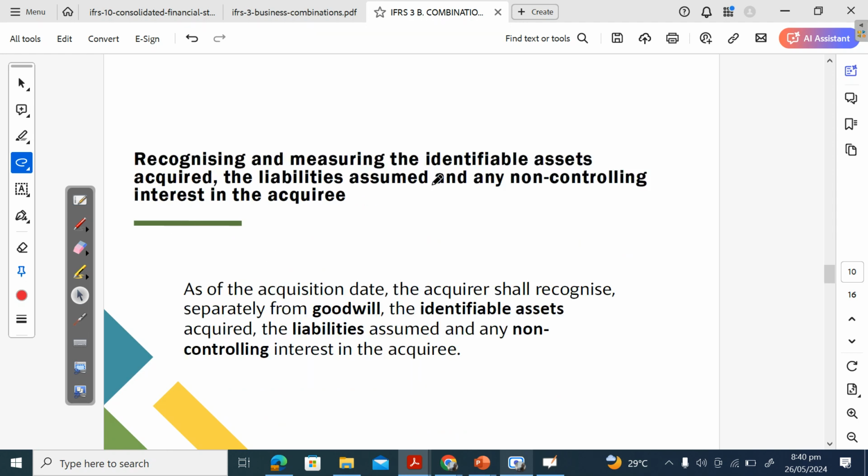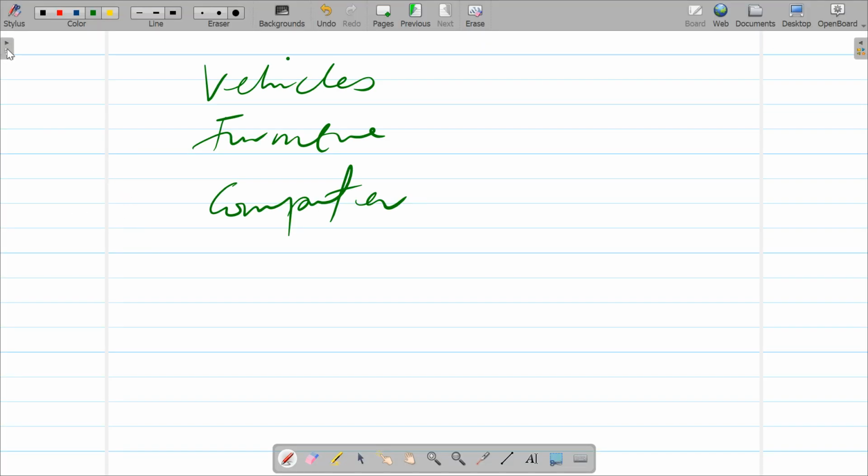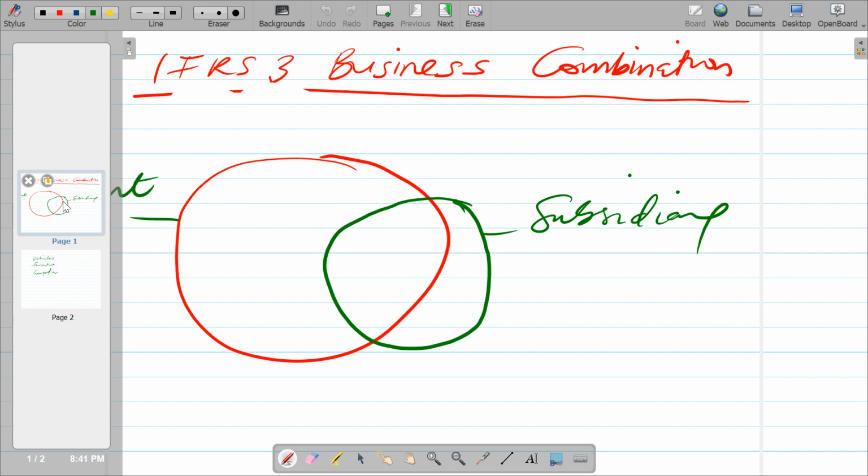Okay, so let's look at how to recognize or identify assets and liabilities. The standard says that the acquirer shall recognize goodwill, all the assets and liabilities, and non-controlling interest in the acquiree. Okay, so first, we've not explained the concept of non-controlling interest, so let me quickly explain that. Non-controlling interest, let me use this diagram to explain.